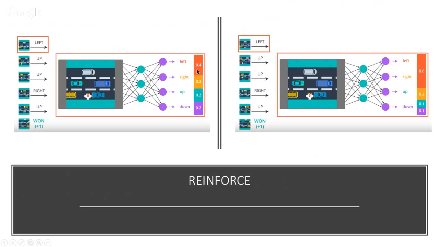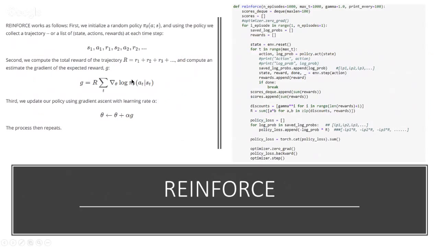I actually took this action with probability 0.4, and that's what pi theta at st is: the probability of taking action A given state t, given these initial parameters theta without updating them. We take the log of that and multiply by the total reward from the one trajectory that we computed.